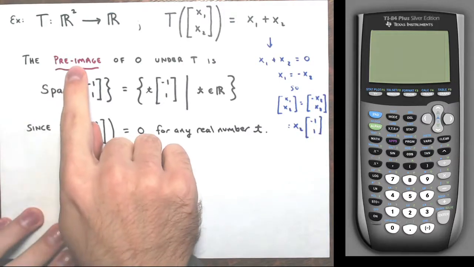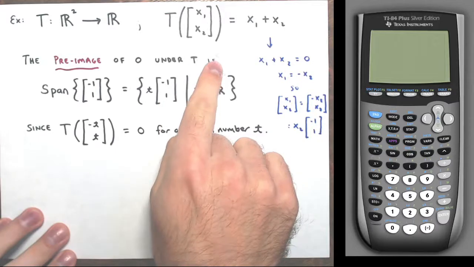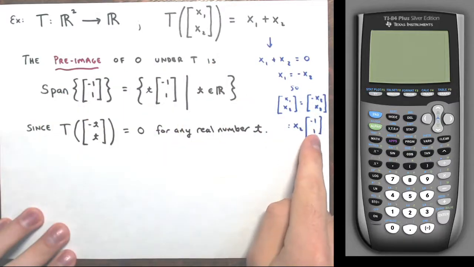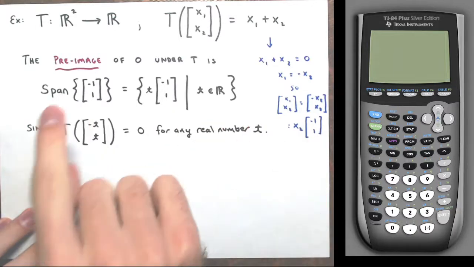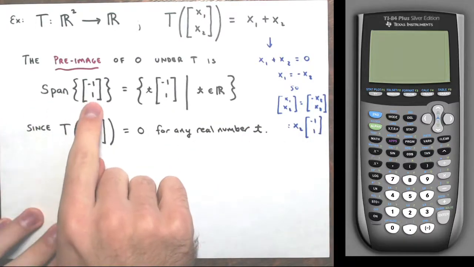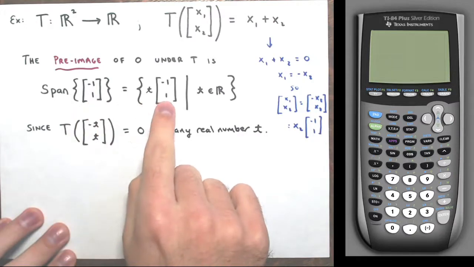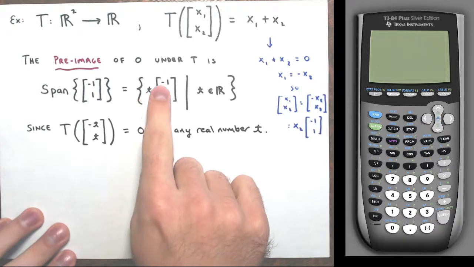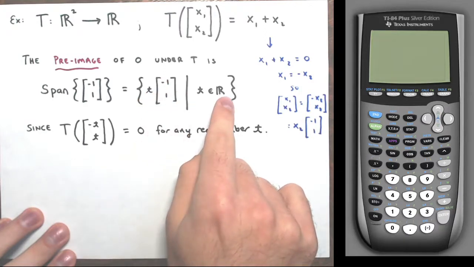So the pre-image of 0 under this transformation is this. Remember, all scalar multiples of a vector is the span of that vector. The span of the vector (-1, 1), or all scalar multiples of (-1, 1), is all the vectors that look like t times the vector (-1, 1), where t is real.